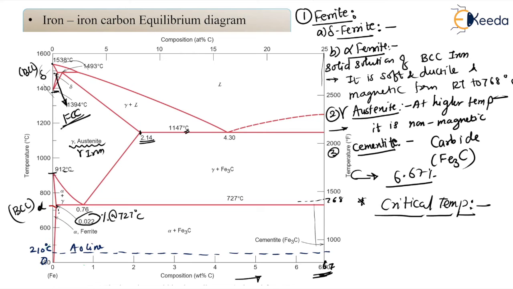So next one is the A1 line, a very popular line, dear students, that is our critical temperature actually. Okay, so that is actually the lower critical temperature. This line is the A1 line, and the temperature is written here directly, 727 degree centigrade.